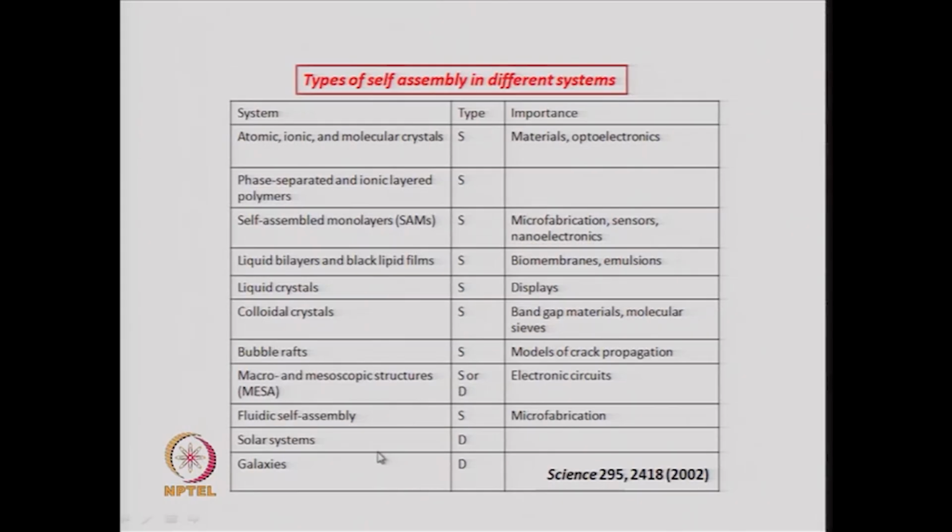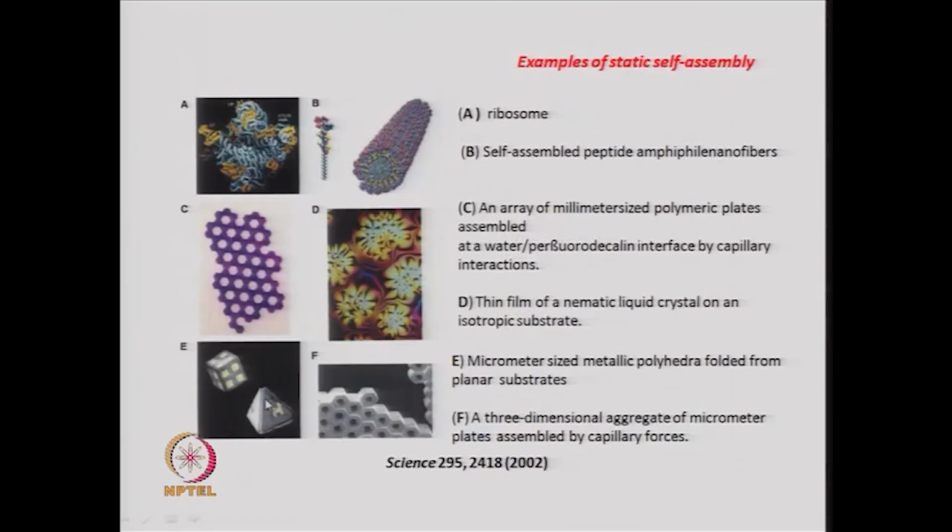There are chemical reactions also where self assembly involves energy dissipation, but it is seen especially in solar systems and galaxies, where this dissipative type of self assembly is present. Most of the systems in chemistry or chemical engineering related to assembly of molecules or layers or bilayers are all static and do not involve dissipation of energy.